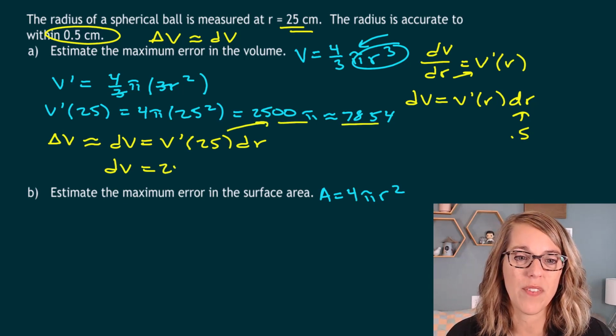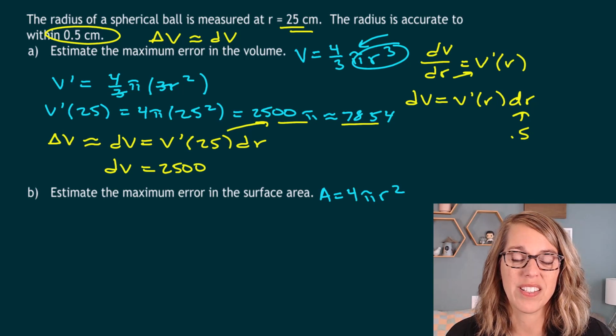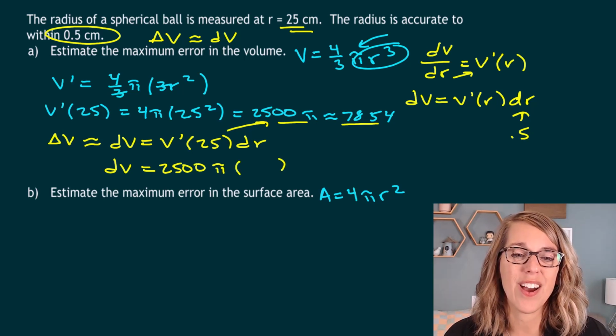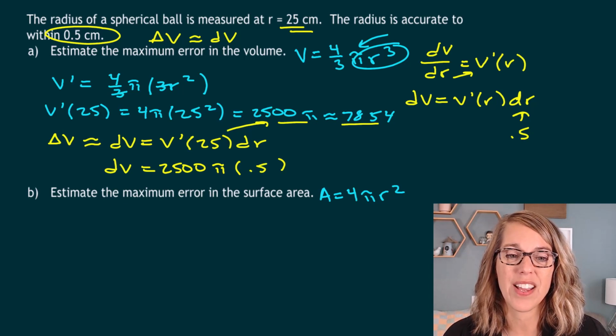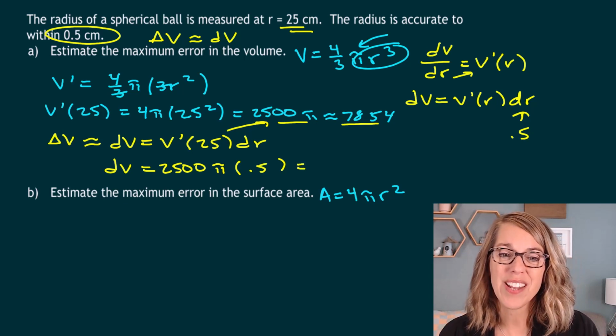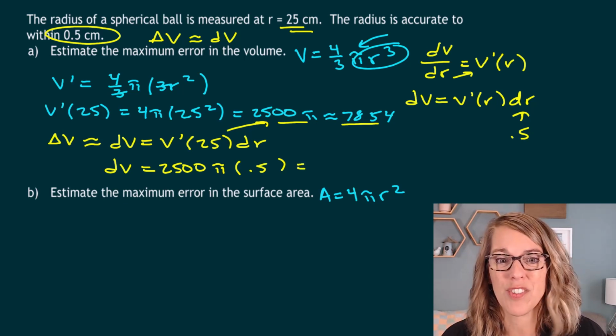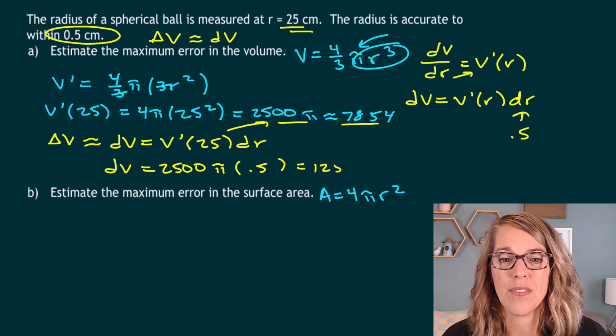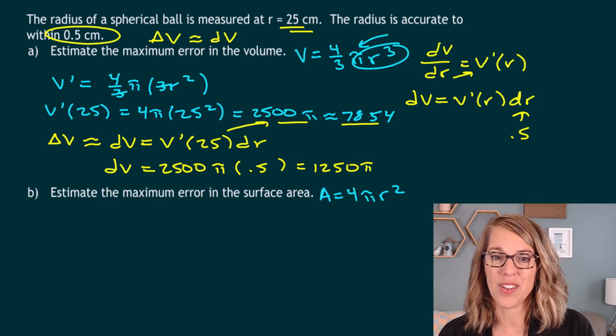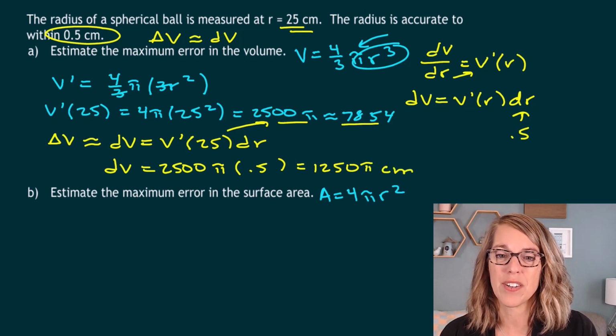I'm going to start with the 2500 pi. We'll do an exact value first, times dr. dr is our 0.5 centimeters. If I go ahead and multiply that through, 0.5 is really just 1/2, so that's going to be 1250 pi.